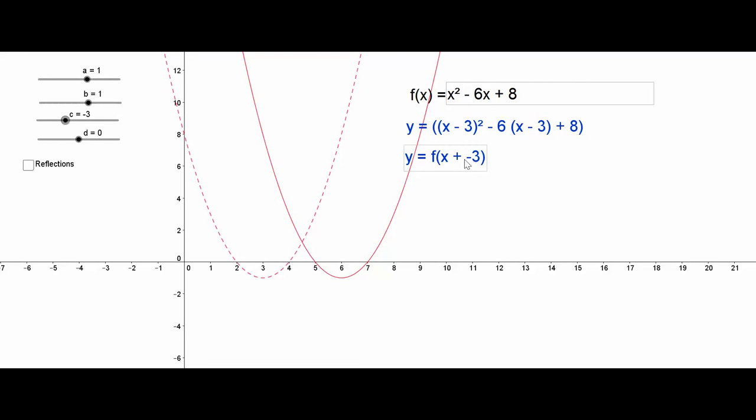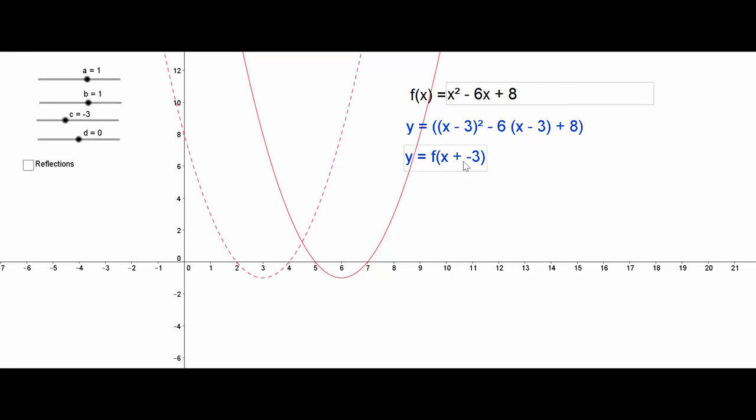If we look at the equation here, the equation of the new graph is y is f of x minus 3. So by moving in the positive x direction, we have to subtract 3 from the value of x.